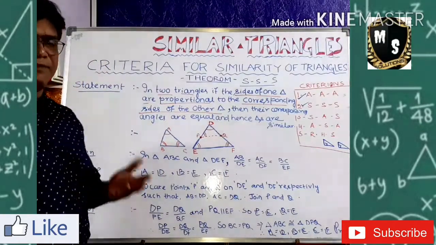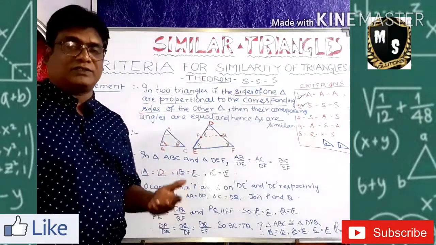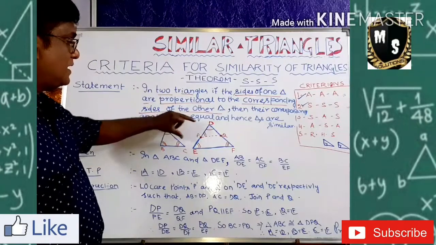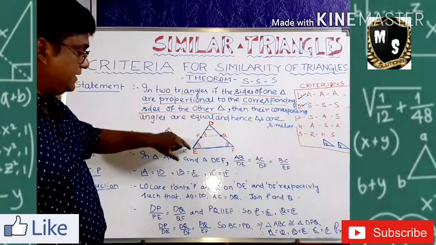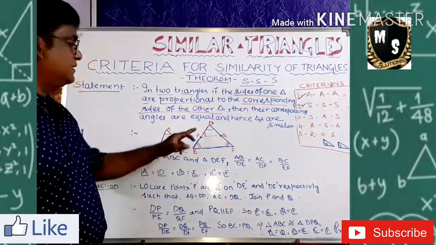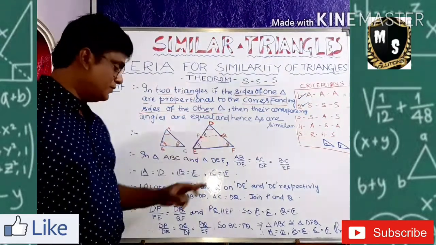Then there is a simple construction as usual. Same construction as in the last theorem. You are just taking the measurement of AB and cutting it from DE and naming the point P. Same with AC, cut from point D and name it Q. Join PQ. That is written here.